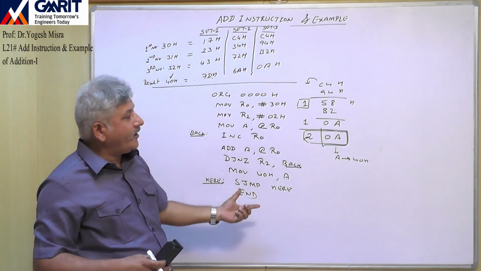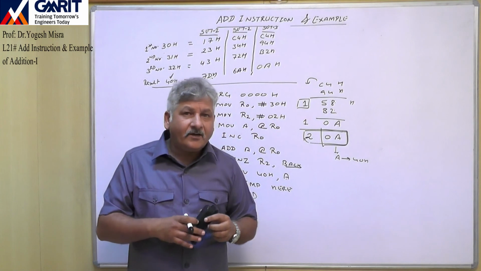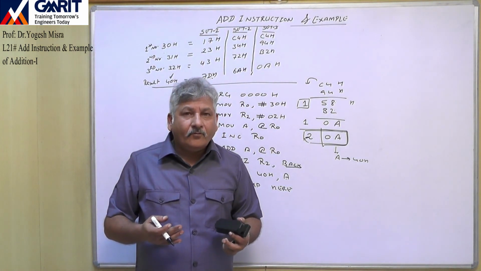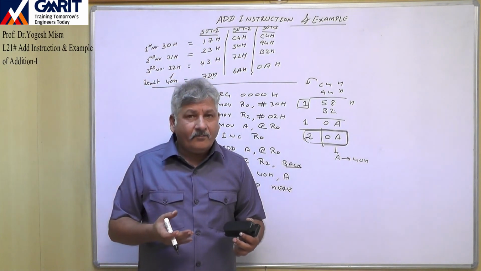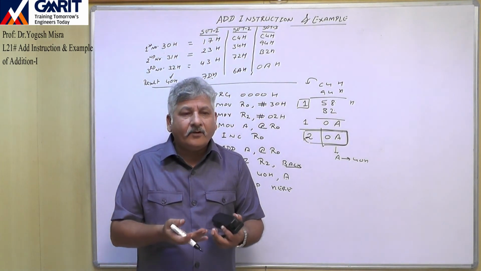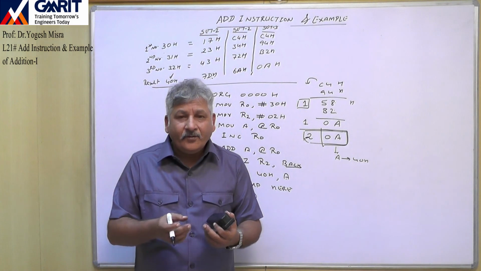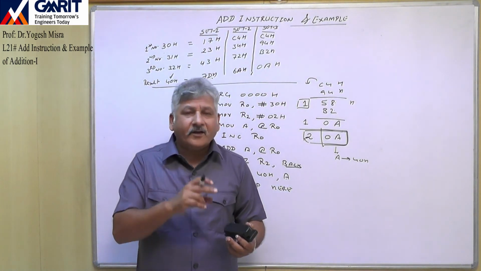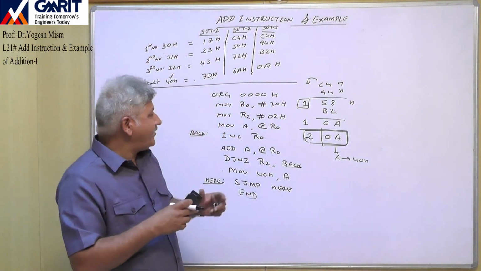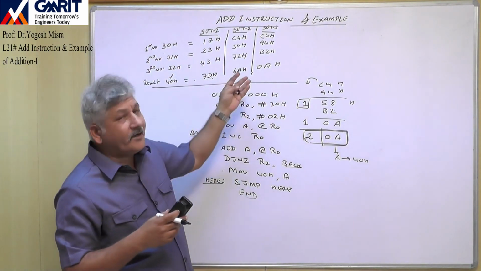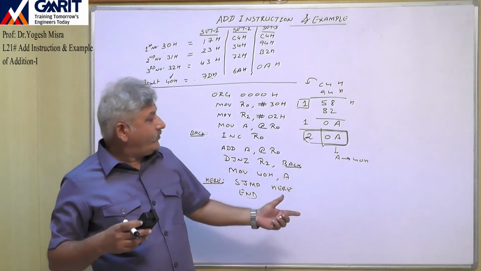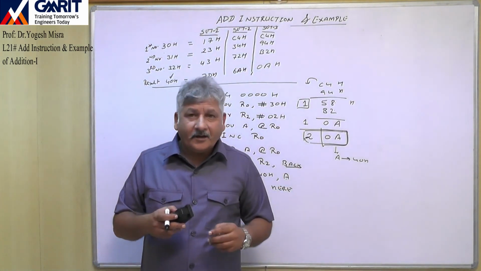Because in this program we have not considered the case when a carry will be generated. So we have to rectify our program, and we have to include some instruction which will verify the carry flag, and according to the carry flag we will make certain changes in the program so that we can get the correct result. That program we will discuss in the next lecture.